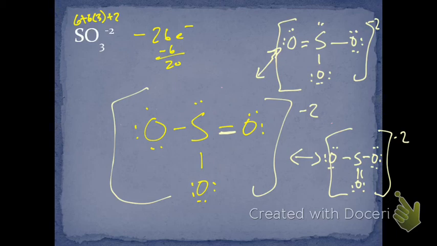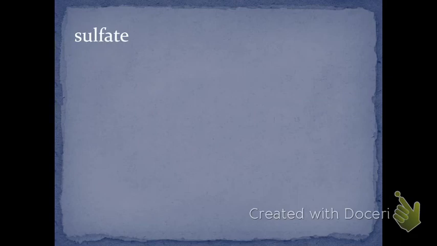Okay. Let me do one more. Let's just do one more. I'm going to be running out of time. So sulfate is SO4 -2, so that's sulfate. So this would be 6, and this would be 24 plus 2.